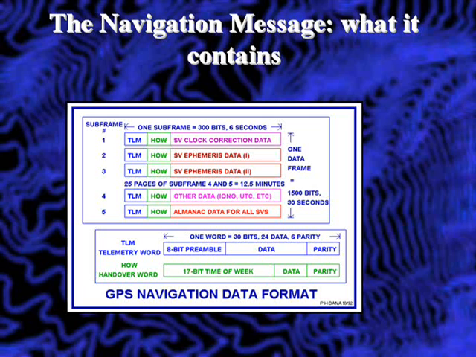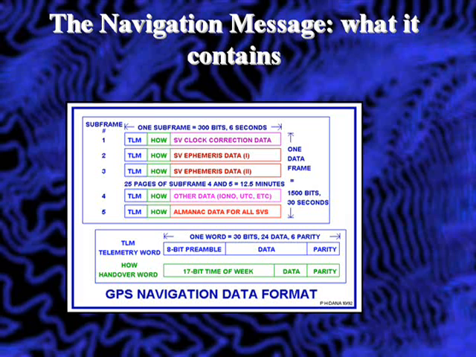Now, with these two subframes, 4 and 5, we need to pack much more information than we pack into the first 3 subframes. So once we transmit a block of these 5 subframes, we'll only transmit some of the message, because it actually needs 25 pages or 12.5 minutes, which is way more than one block of 30 seconds.